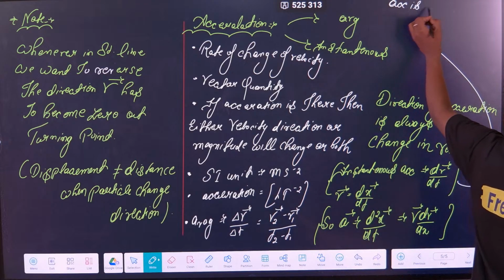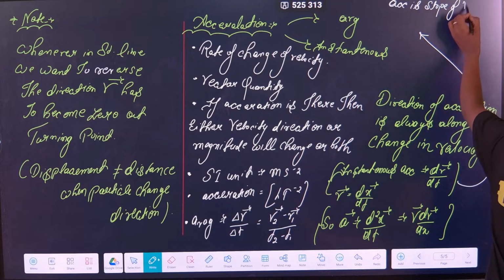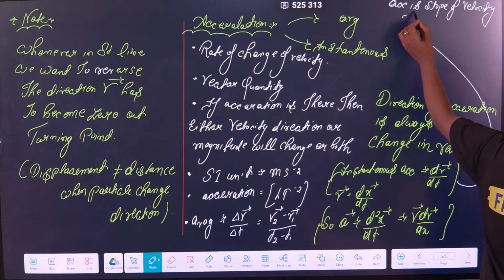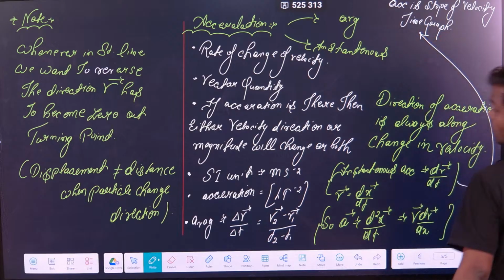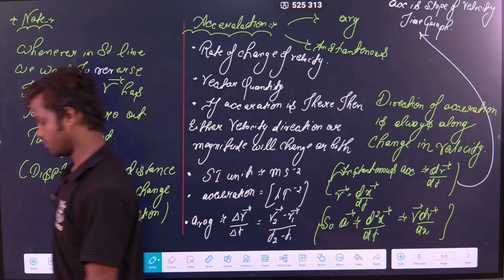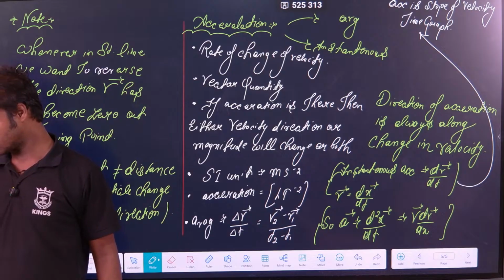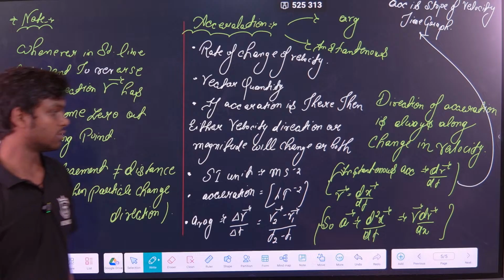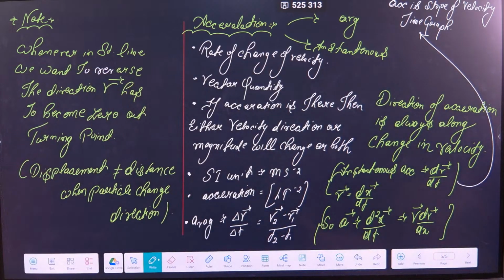Acceleration is the slope of the velocity-time graph. Clear? Any doubt till here? Okay, so please note it down fast.